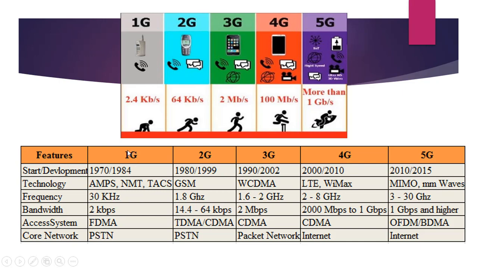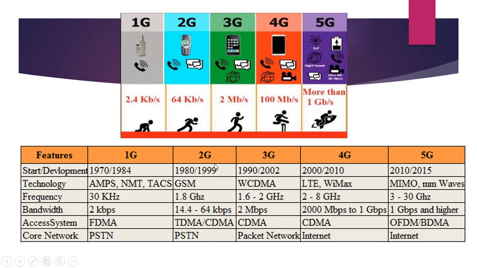Then from first generation we moved to second generation, in the 1980s to 1999. Major technology used was GSM, frequency was 1.8 GHz, speed was maximum up to 64 kbps, and the access systems were TDMA, time division multiple access, and CDMA, code division multiple access.